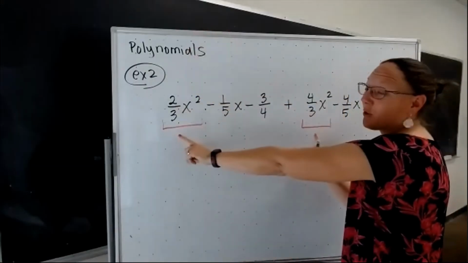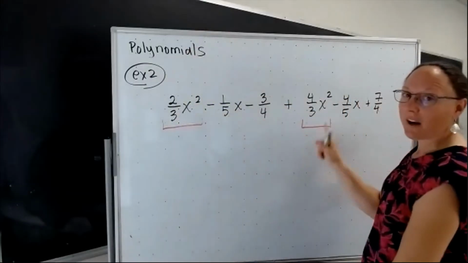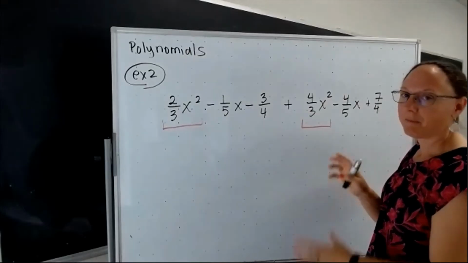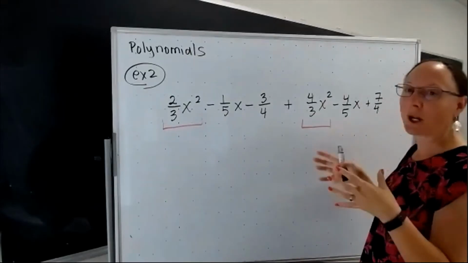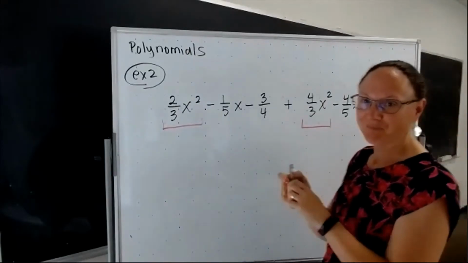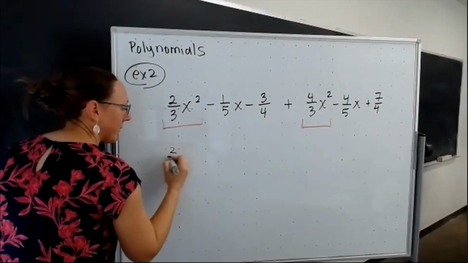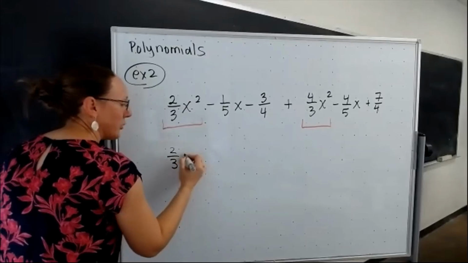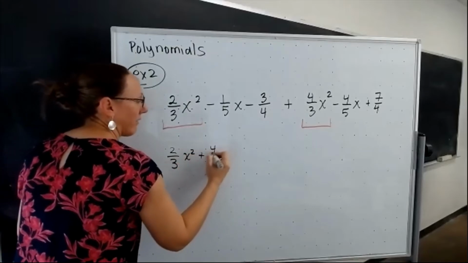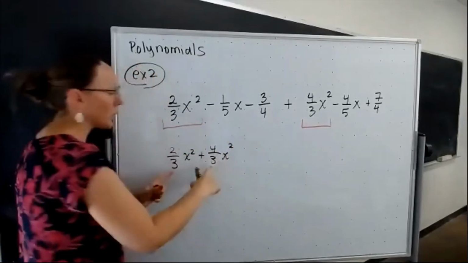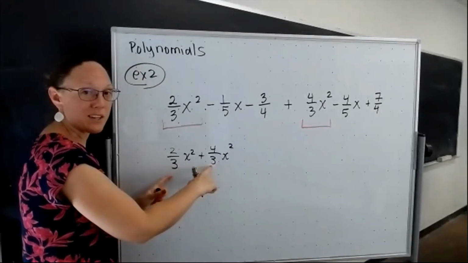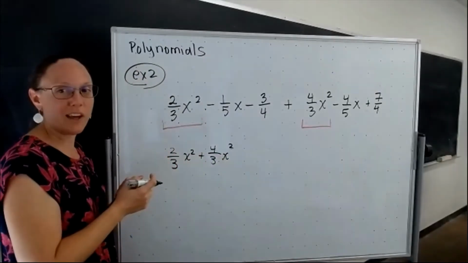I'm going to take these 2 like terms, the 2/3 x squared plus the 4/3 x squared. And when I put those together, I'm just going to write them next to each other, but I've got 2/3 x squared and 4/3 of an x squared. We're talking about the same size pieces, so we can add those together already.